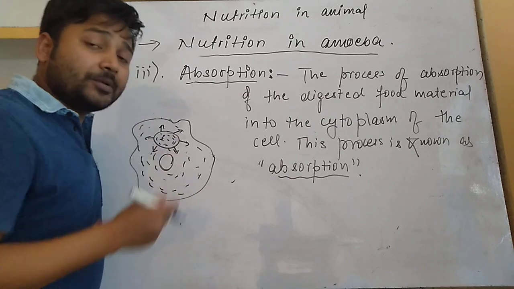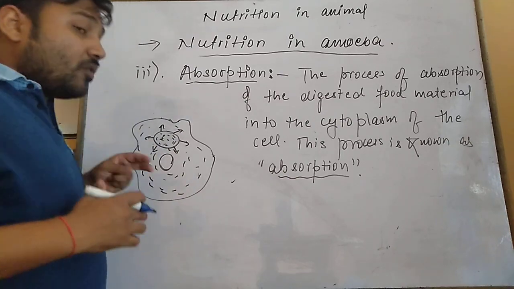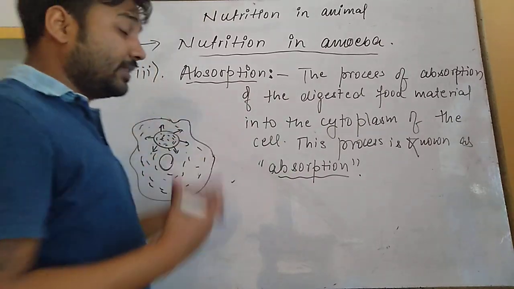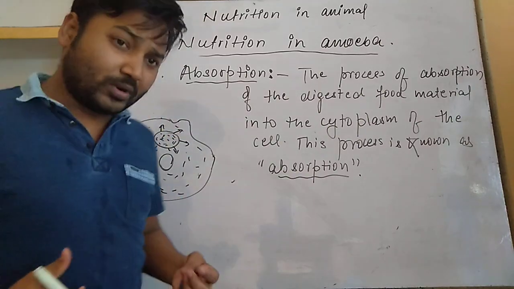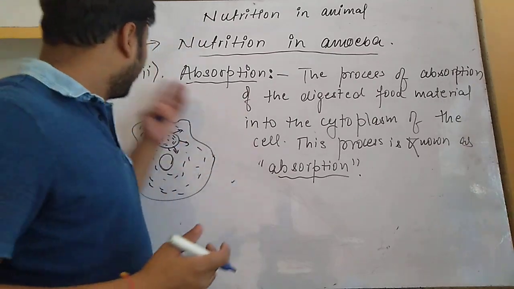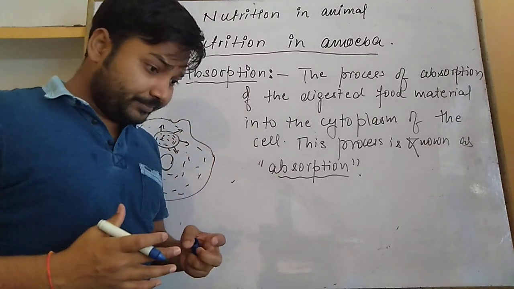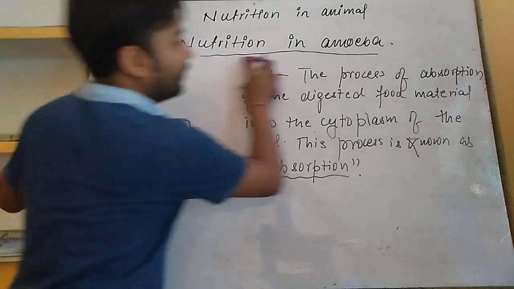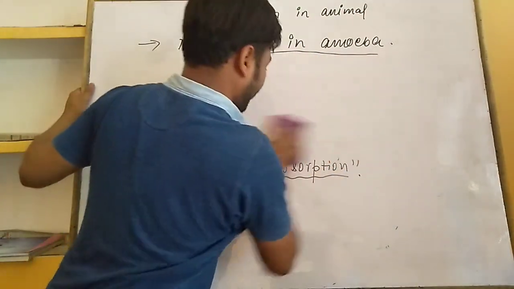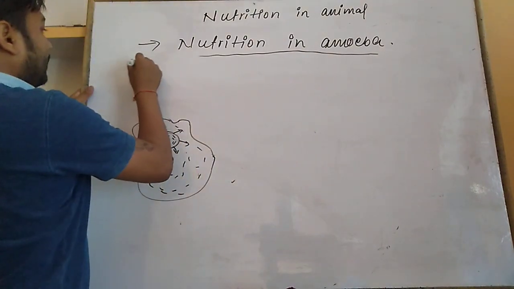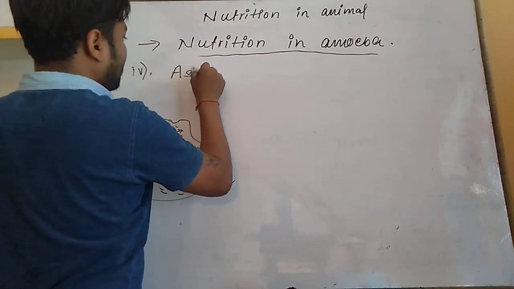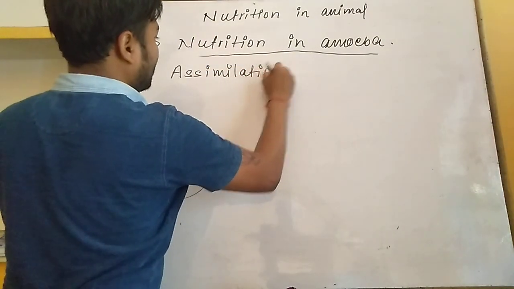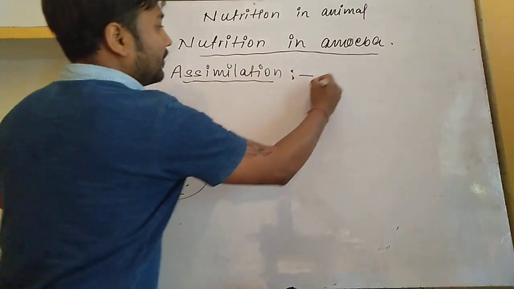ठीक है, and after the process of absorption finally it goes for the formation of energy in the cell. That process is known as assimilation. वो fourth step है, that process is known as assimilation. So let me write 4 number. Assimilation.